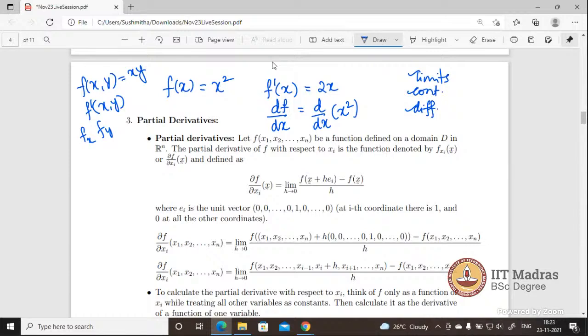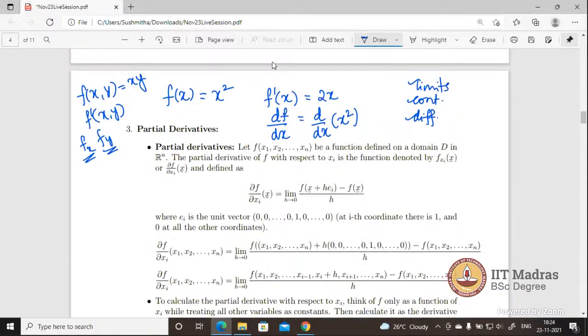Sometimes we're taking another value also like t. So in the multivariable case, you have the concept of partial derivatives. In partial derivatives, you're differentiating partially with respect to x or differentiating partially with respect to y. So we'll see what that partial derivative is.